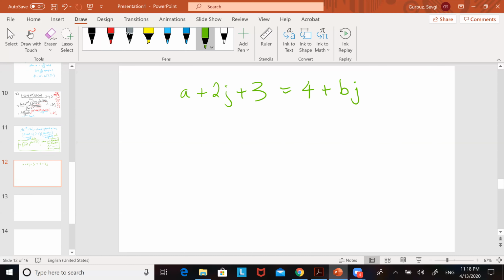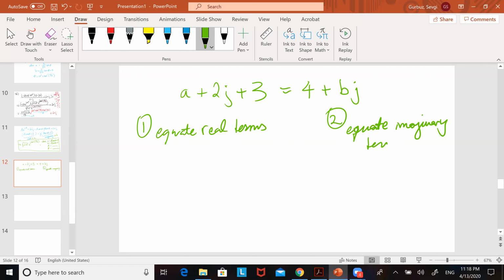When you have a complex equation, this actually decomposes into two real equations because you have to equate the real components. So you equate the real terms for one equation, and you equate the imaginary terms in a second equation. So this equation at the top is actually two equations.